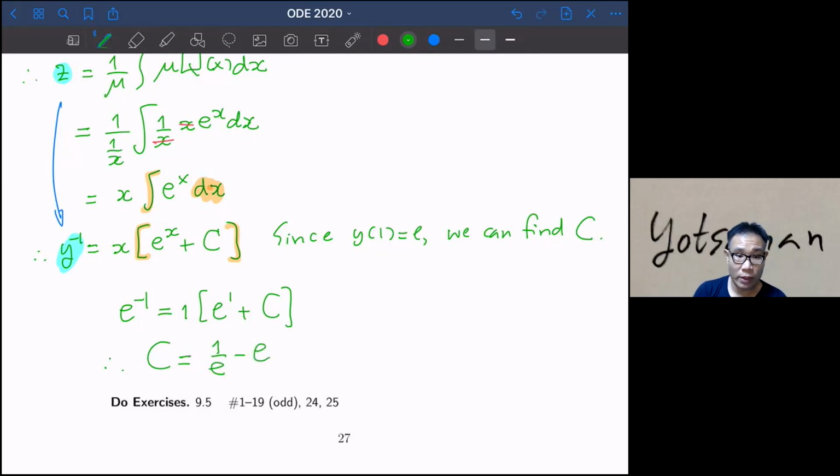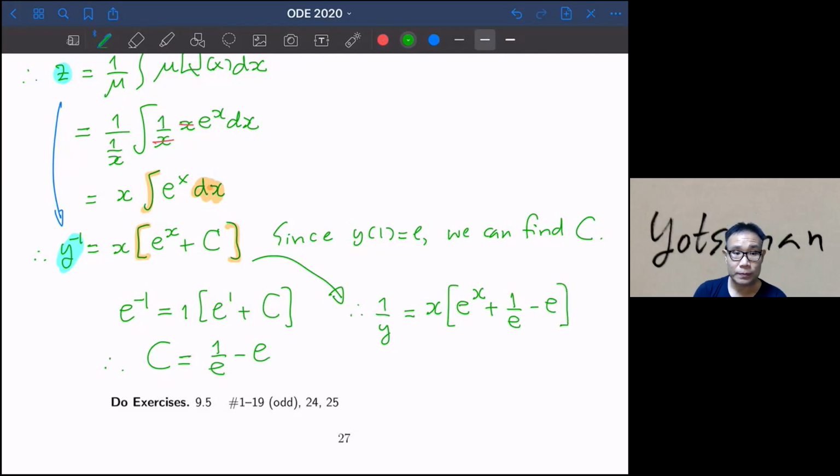So you have C equal to 1 over e minus e. So for the particular solution, you just have 1 over y equal to x e to the x plus 1 over e minus e for the final answer.